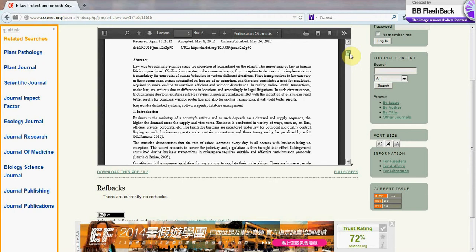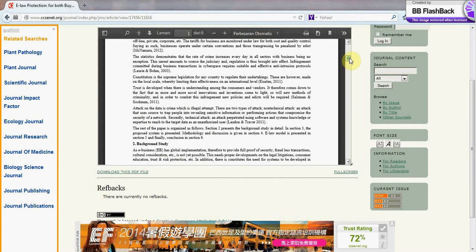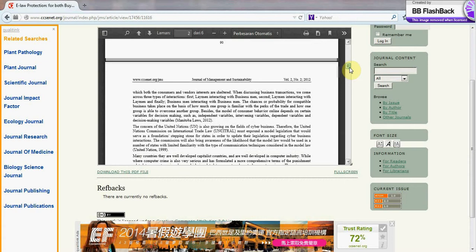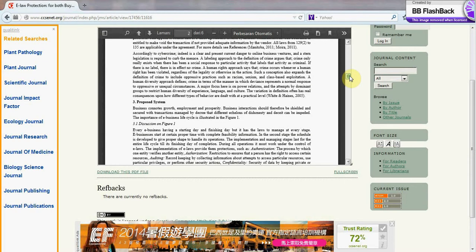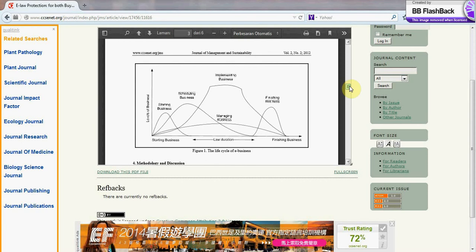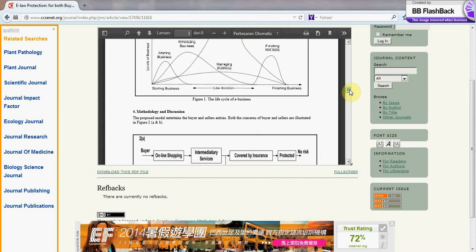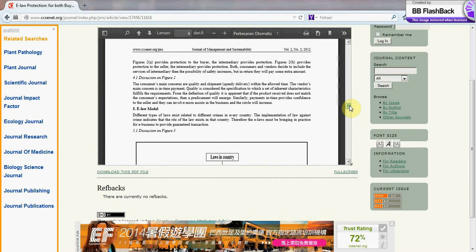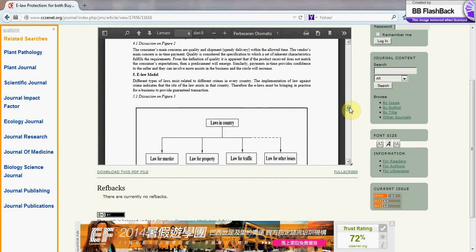You can read it by yourself. This journal has background study, introduction, proposed system, methodology, and ILA model.